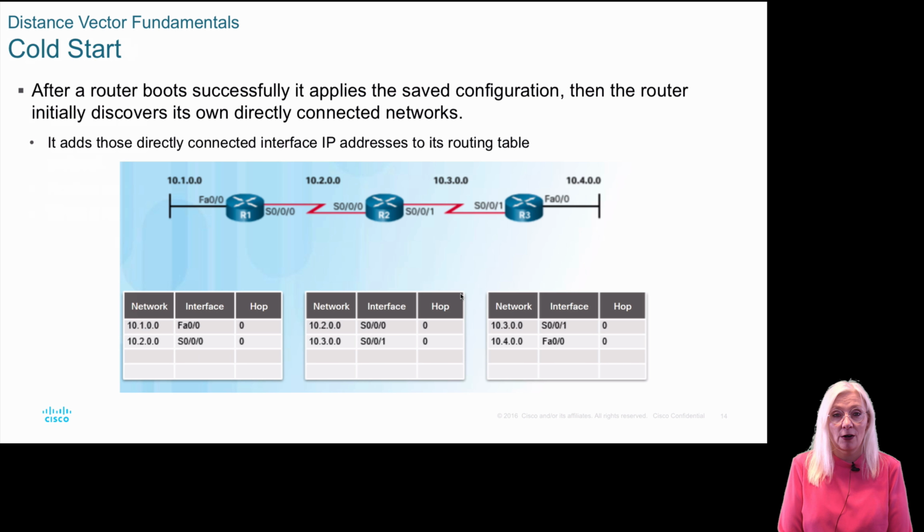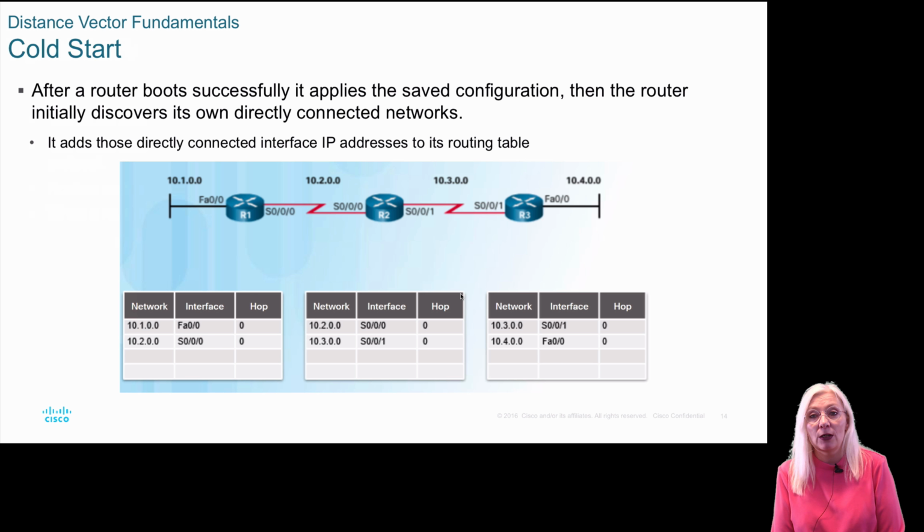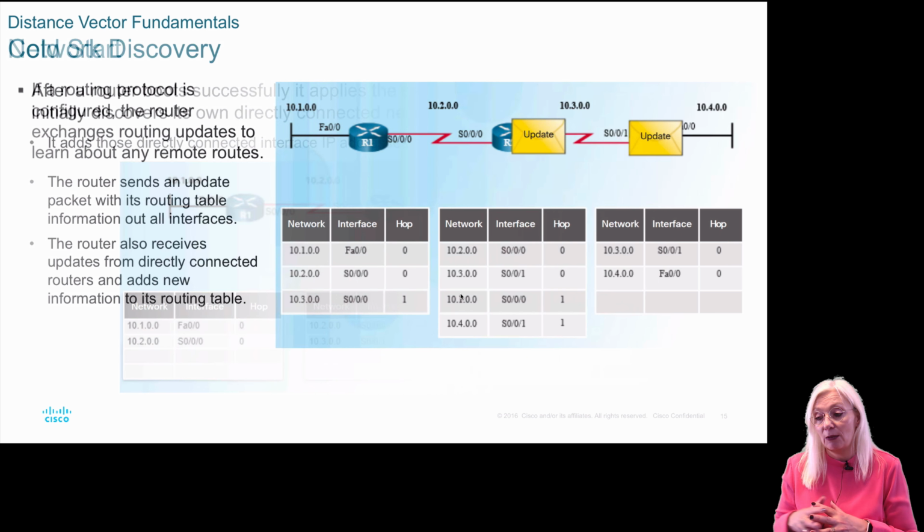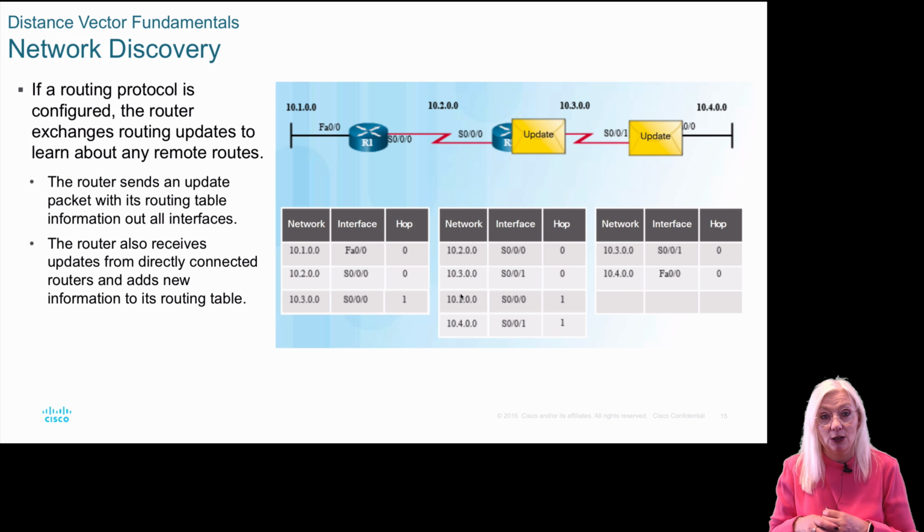Same thing, R2 knows of networks 10.2.0.0 and 10.3.0.0, and R3 knows about 10.3.0.0 and 10.4.0.0. By default, the minute we configure an interface on our router with an IP address, this information will go directly to the routing table. So we will be able to see these directly connected networks.